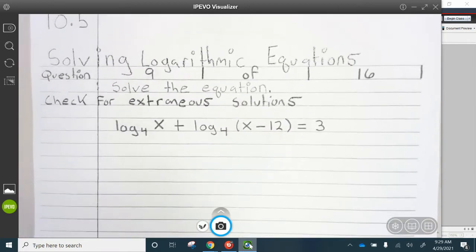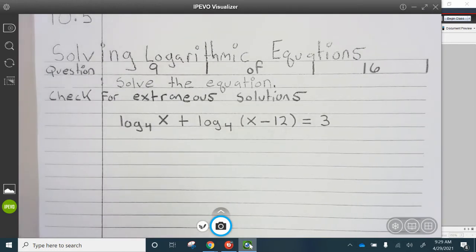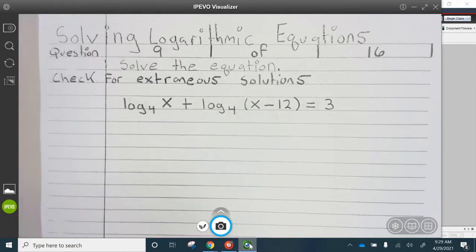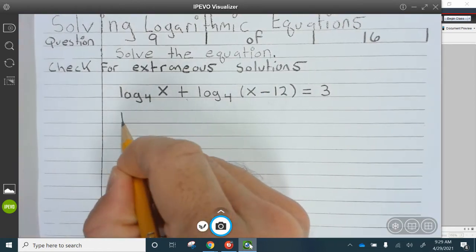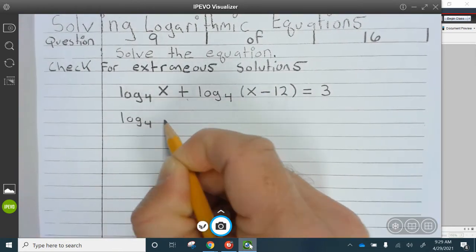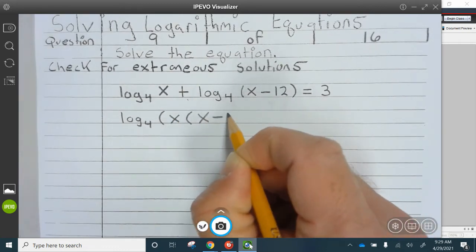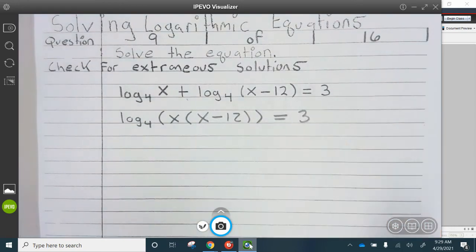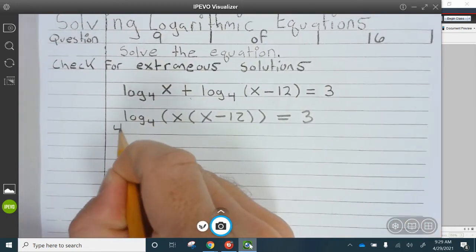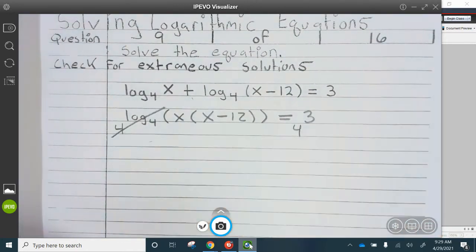All right, question 9 of 16. Solve the equation, check for extraneous solutions. Okay, so first off, when we add, we have multiplication. So that's log base 4 of x times x minus 12 equals 3. I'm going to raise both sides by the power of 4, or base of 4, I should say. That cancels.